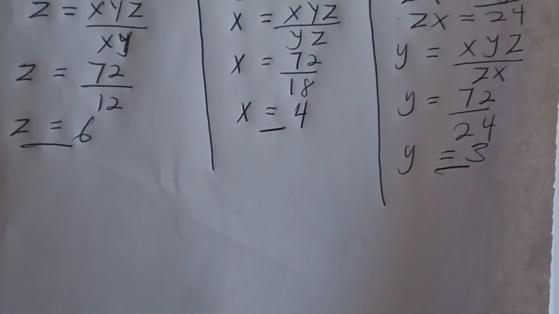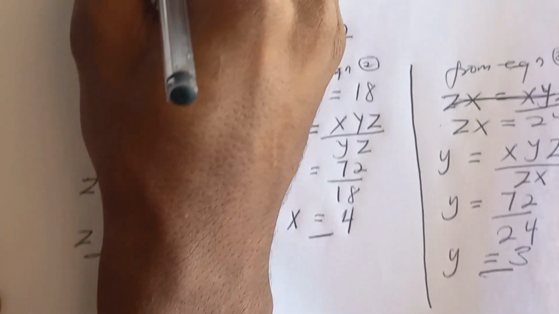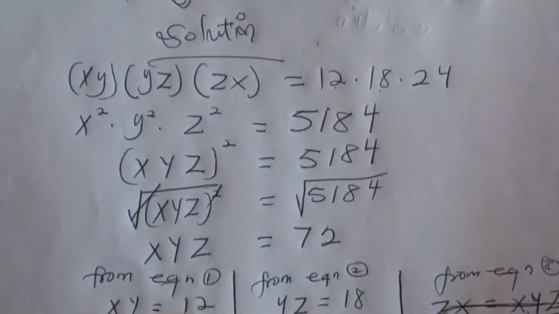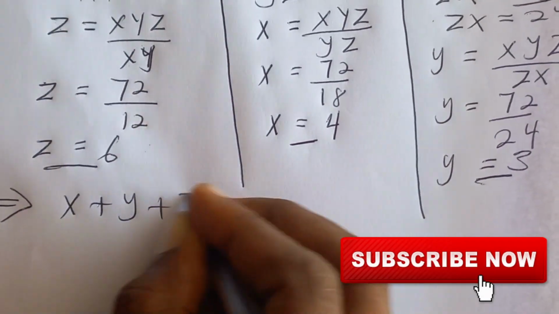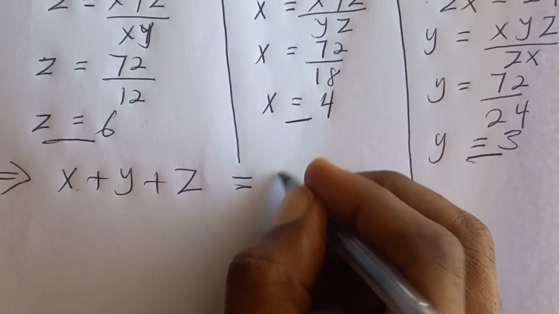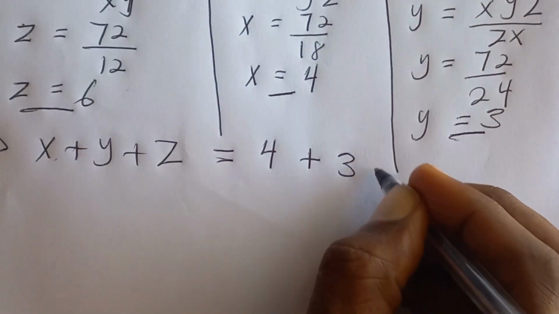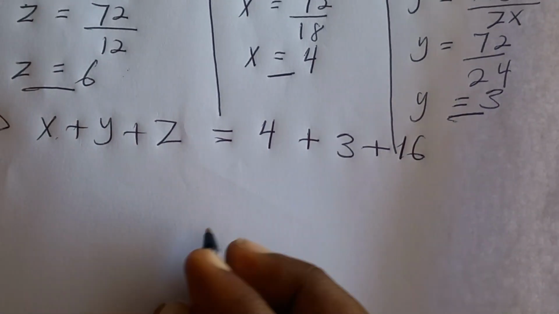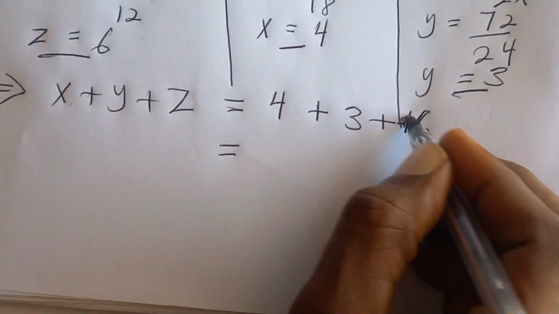Now let's come to the main question, which is x plus y plus z, of which we are looking for. So x plus y plus z is equal to our x, which is 4, plus our y, which is 3, plus our z, which is 6.